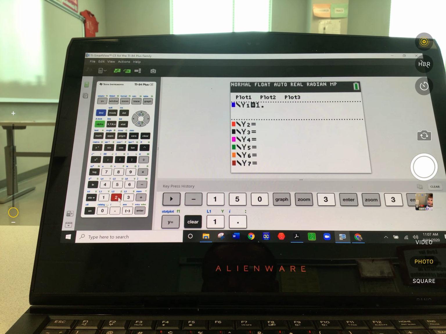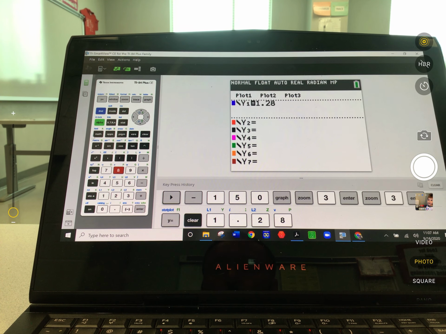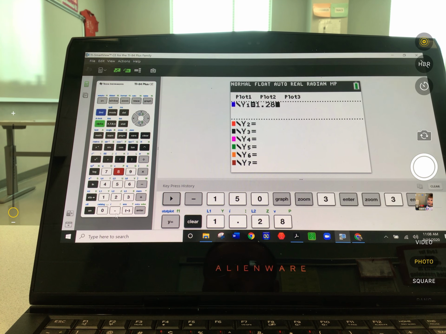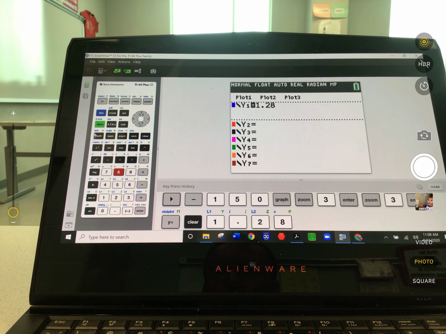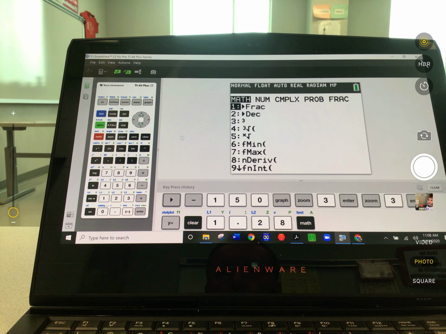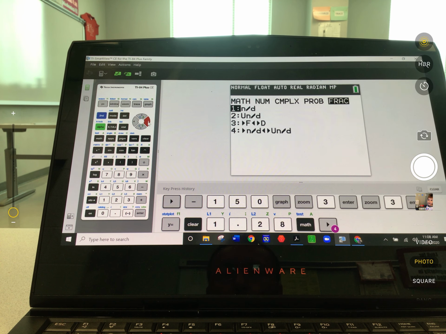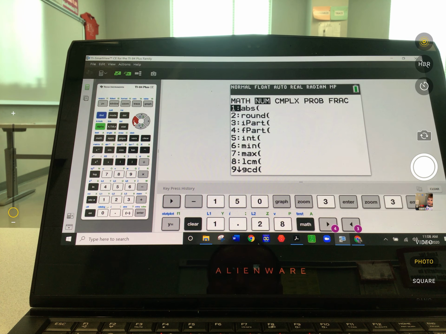Number 5 is asking me to do 1.28, and then it has the absolute value bars. So we talked about how to access the absolute value bars by hitting this math here. Nowhere on my calculator do I see absolute value bars, so I've got to go to where there's more of them located. So I hit math, and then I want to get to this tab that has num. We're going to use our right arrow to move over between all those tabs.